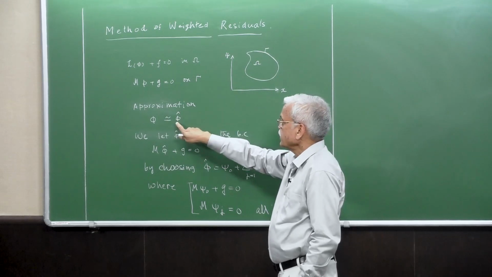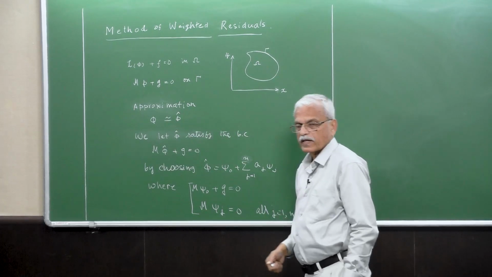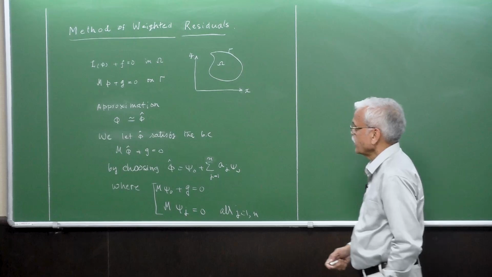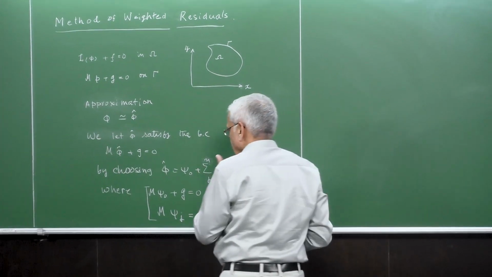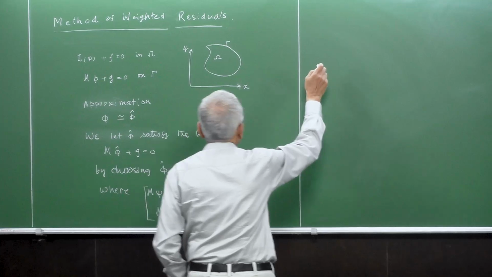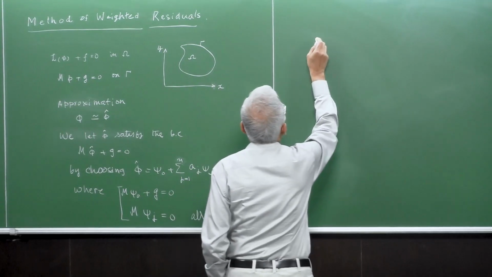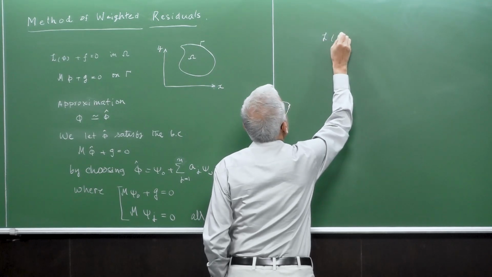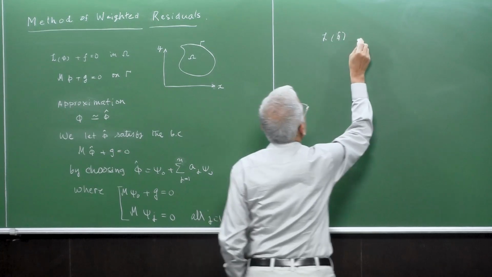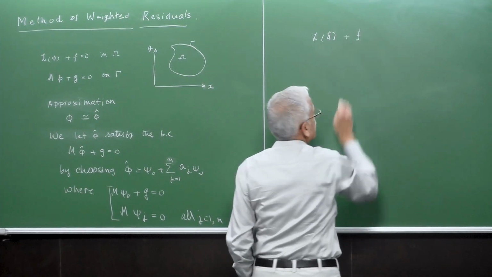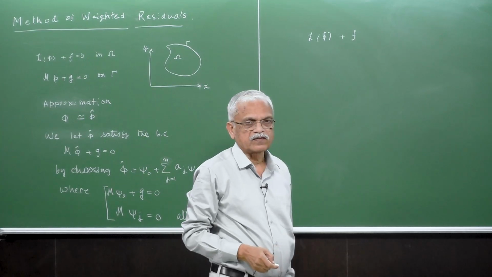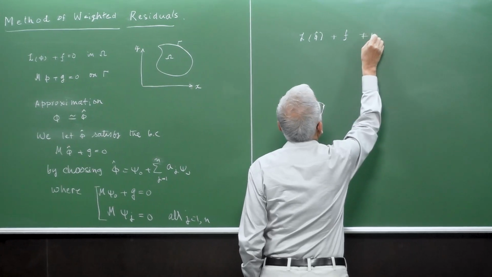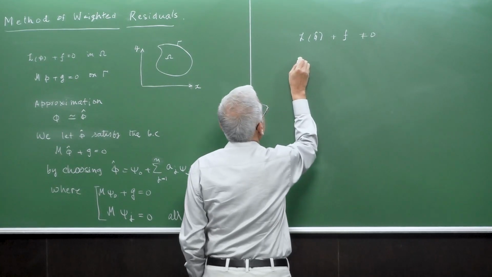The other thing that remains is how to make this phi hat satisfy the given equation in omega itself, in the whole domain, everywhere. Since phi hat substituted in this one is an approximation and not an exact solution, this is not equal to 0, and it has some value.